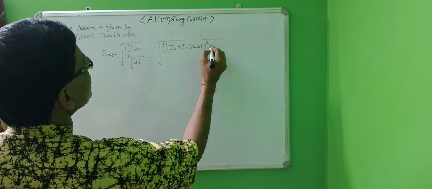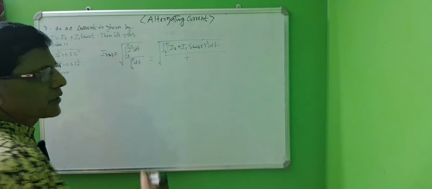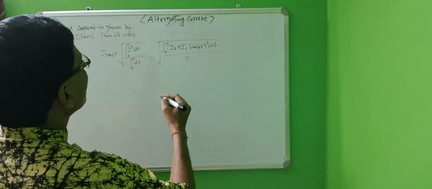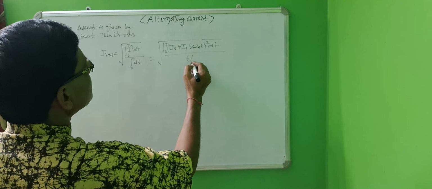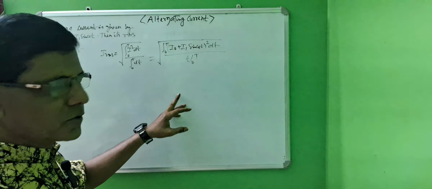Whole square into dt, this divided by capital T, because integration of dt is t, and capital T is the upper limit, zero is the lower limit.